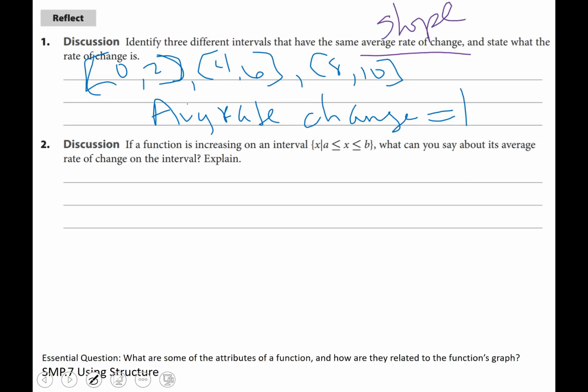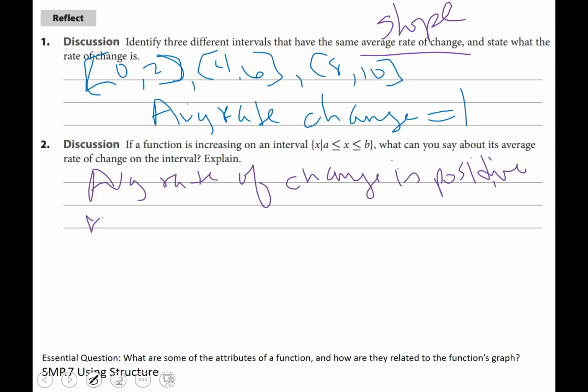So let's go ahead and write that down. The function is increasing. What can you say about its average rate of change on the interval? So we would say the average rate of change is positive.